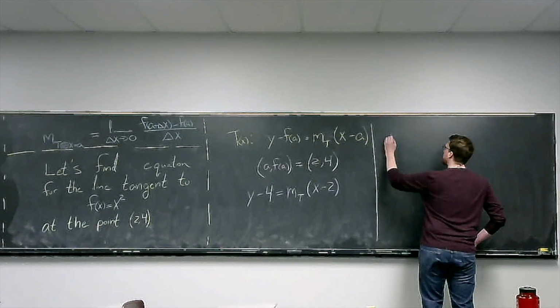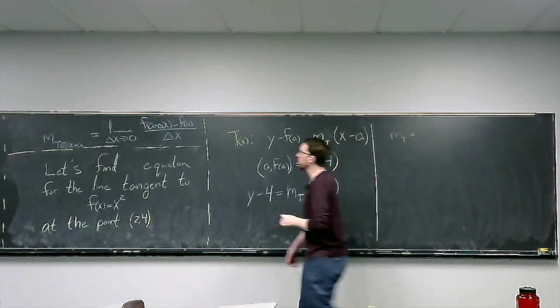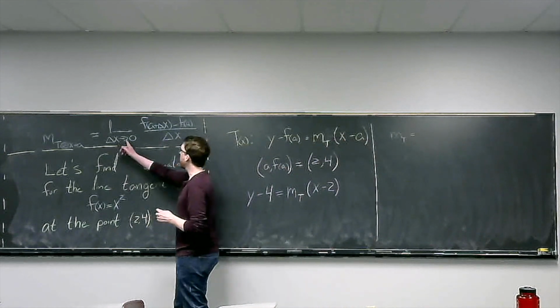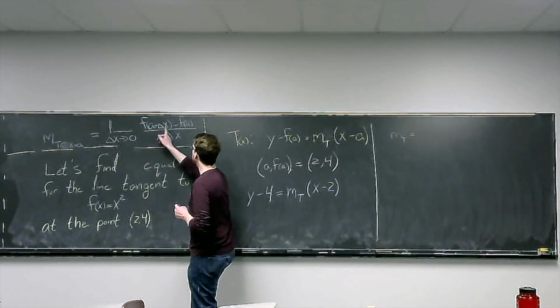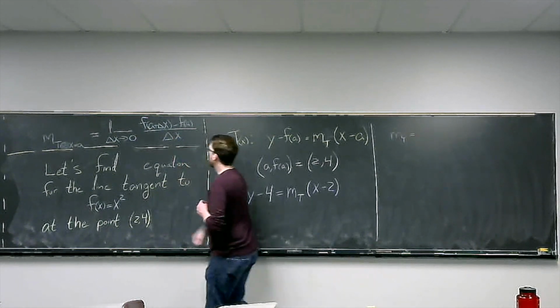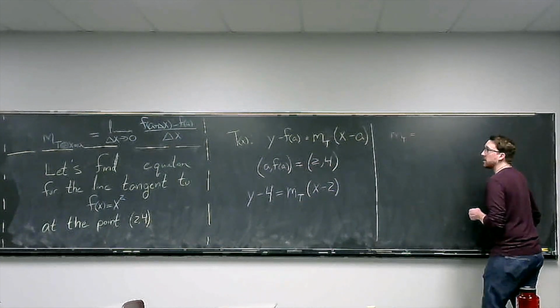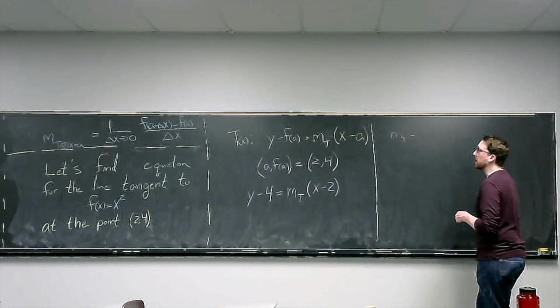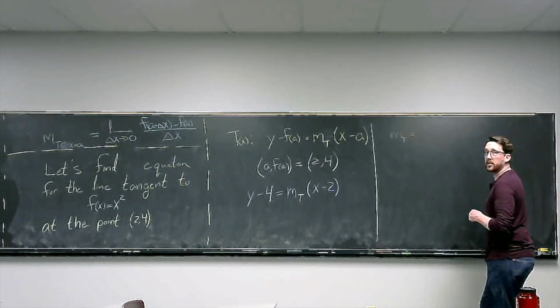We know that m sub t is going to be equal to the limit as delta x goes to 0 of f of a plus delta x minus f of a, all divided by delta x. Well, we know here that a is equal to 2.